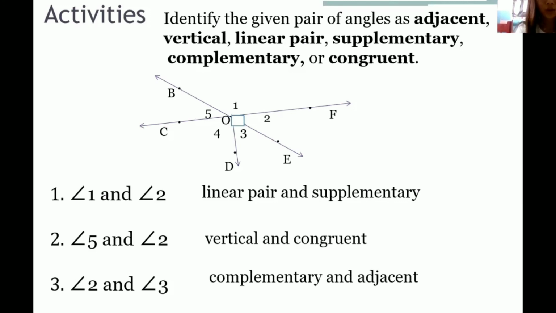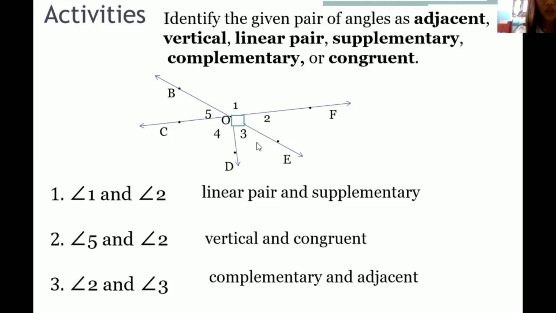Next, angle 2 and angle 3. Where is angle 2 and angle 3? Angle 2 and angle 3 are complementary because, as you can see, there is a square symbol. If you see an angle with a square symbol, that is a right angle. So a right angle measures 90 degrees. That's why angle 2 and angle 3 are complementary. This angle DOF is a right angle measuring 90 degrees.